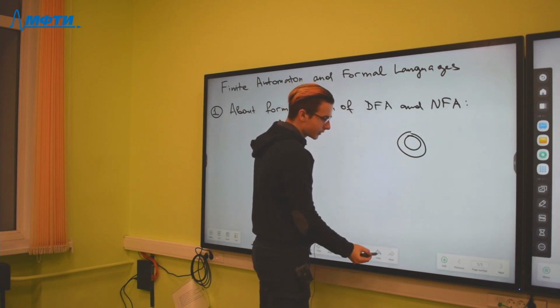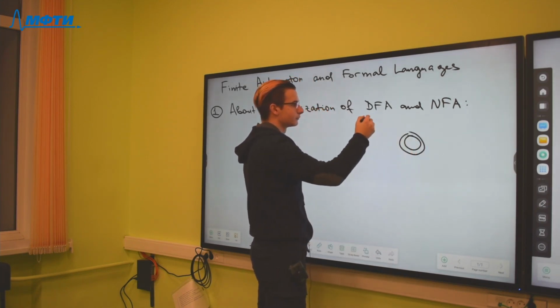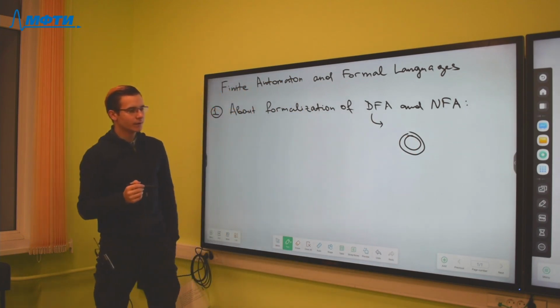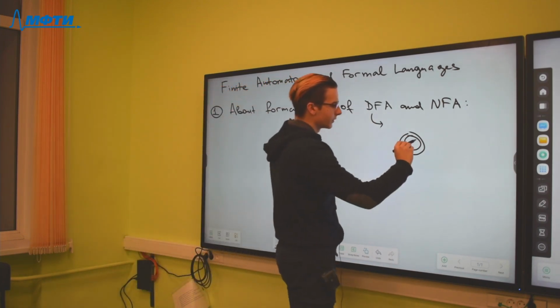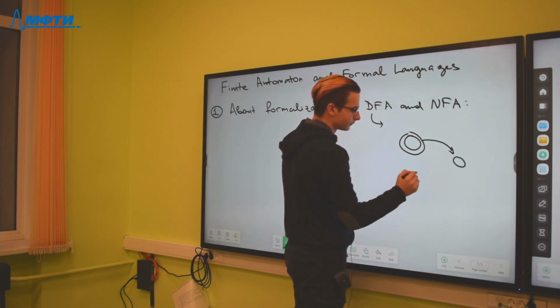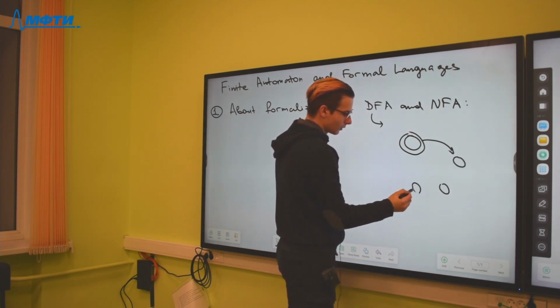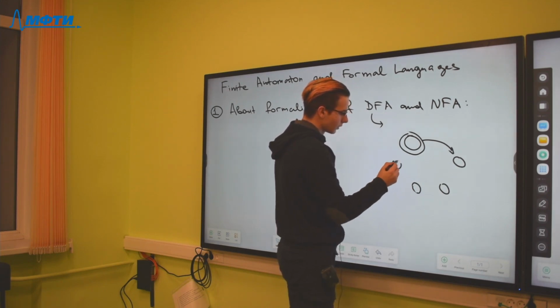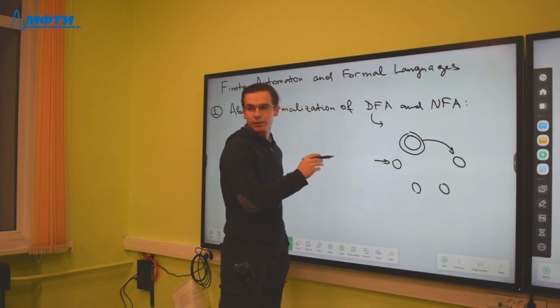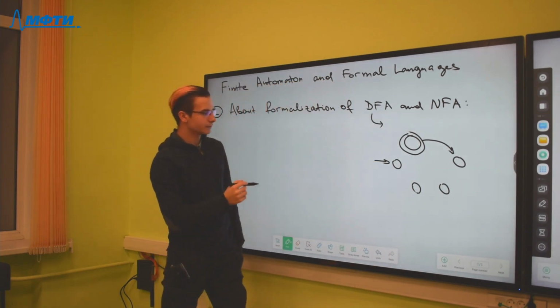So we talked that DFA and NFA is a graph with transitions at the edges between vertices. And the vertices are the states of the automaton.